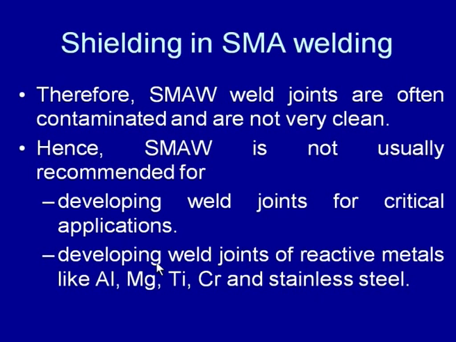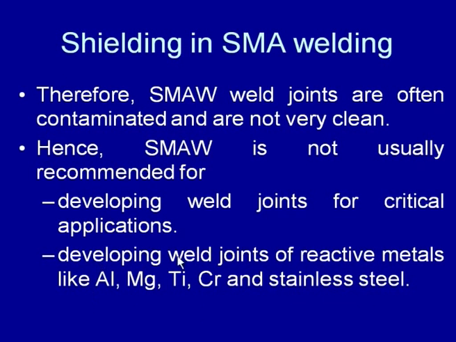Similarly, due to the poor shielding offered by the SMAW welding process for the weld pool, this process is also not used for welding reactive metals which have very good affinity with atmospheric gases, like aluminum, magnesium, titanium, chromium, and the stainless steels which have a high percentage of chromium.